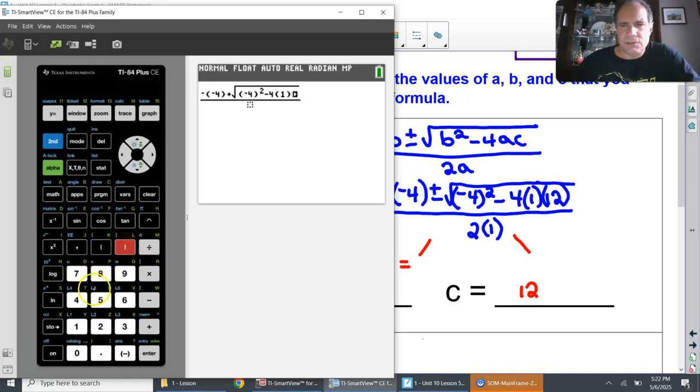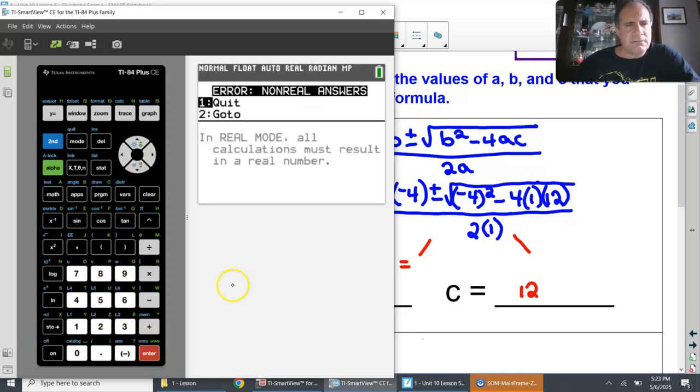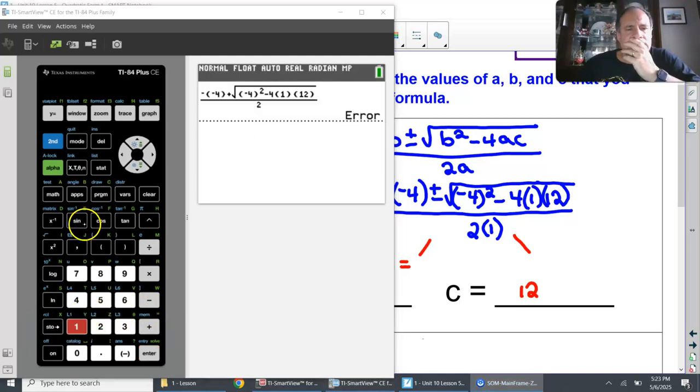Obviously, 4 times 1 is just 4. And then times 12, all over 2. And we're just going to press enter. And it says error. I wonder what that could mean. When it says error, just think about what you have. Do you have a solution?